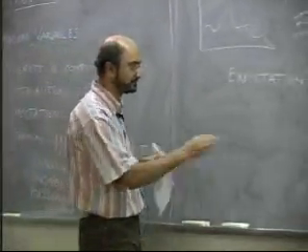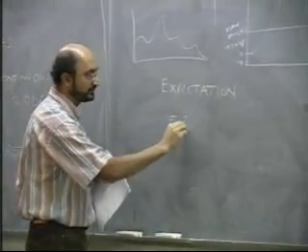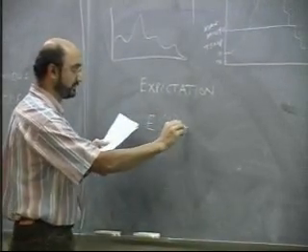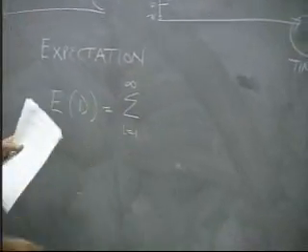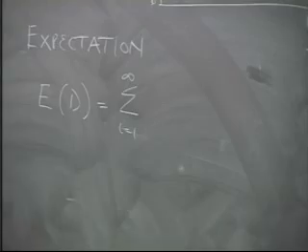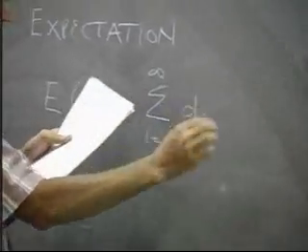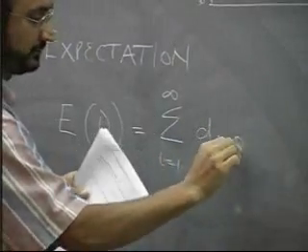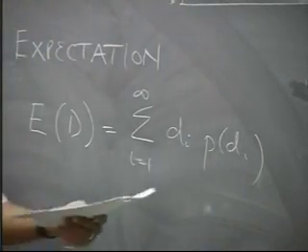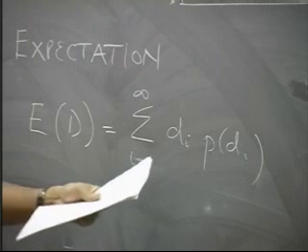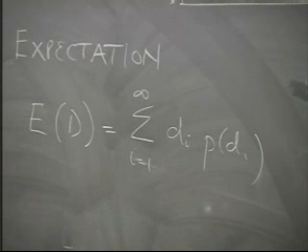The expectation of a discrete random variable D is defined to be nothing more than the sum over the entire domain of the value times P of D_i. I'll do an example in just a minute, but this is the definition.